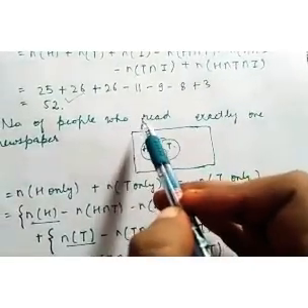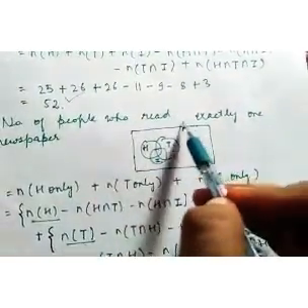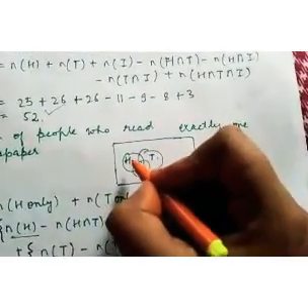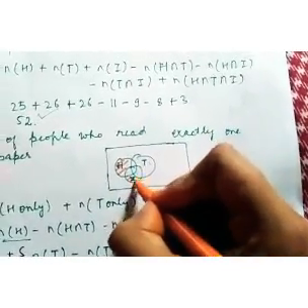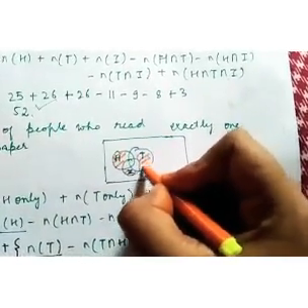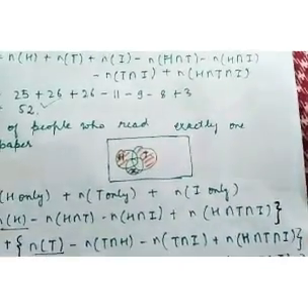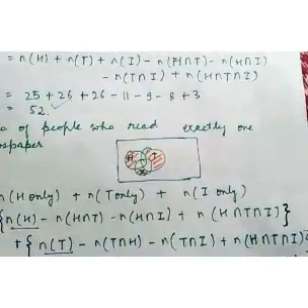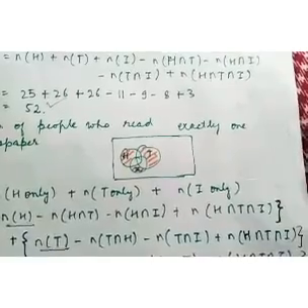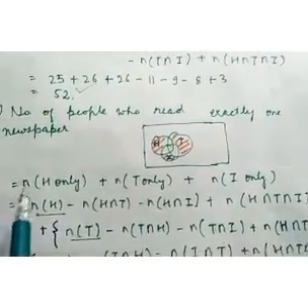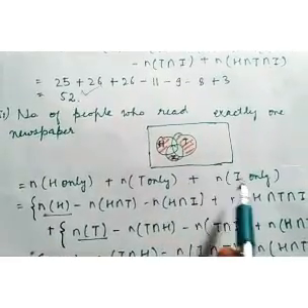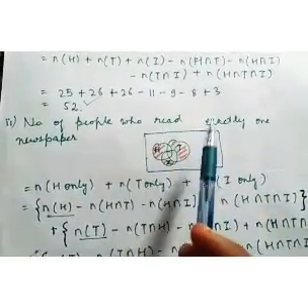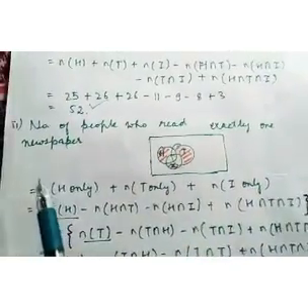When we have to find the number of people who read exactly one newspaper, we need the number of people in this region: only H, only I, and only T. This shaded portion. So we have to find N of H only plus N of T only plus N of I only, that is, people who read exactly one newspaper.